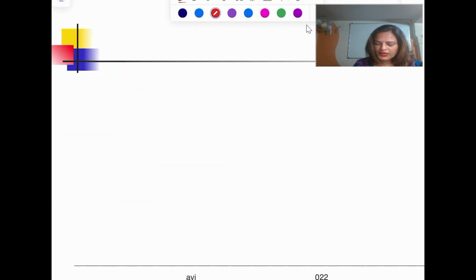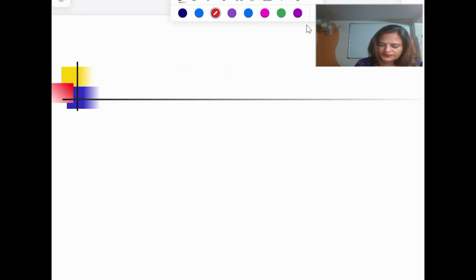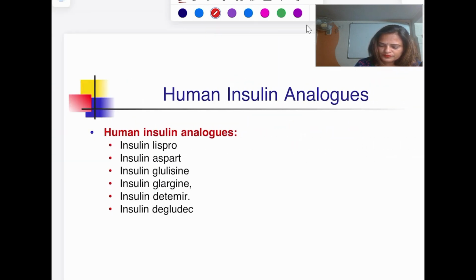Now coming to the other 3, that is glargine, detemir and degludec. What are the changes?